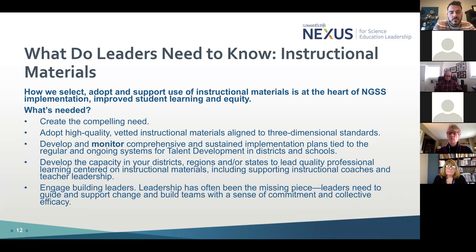What can we expect over time? I think all of that goes hand in hand with what we as leaders need to know and think about and support others to know as they take action on that area of instructional materials.